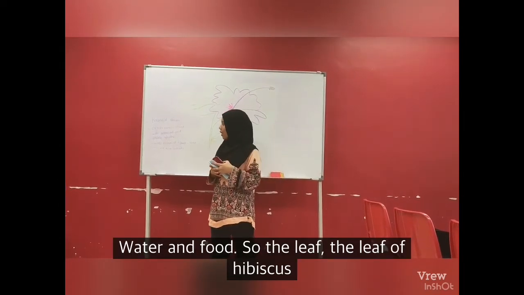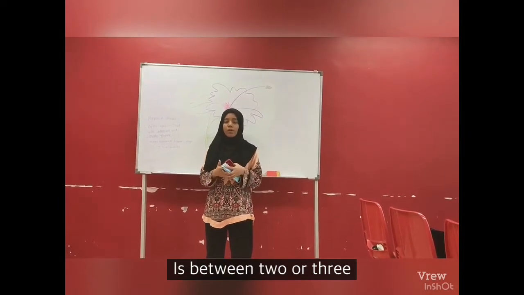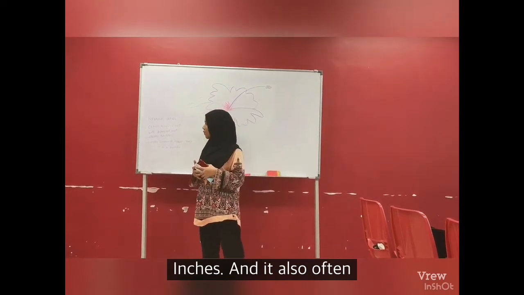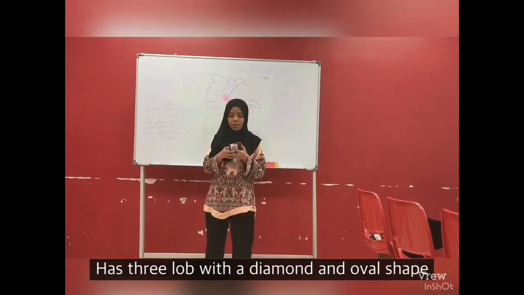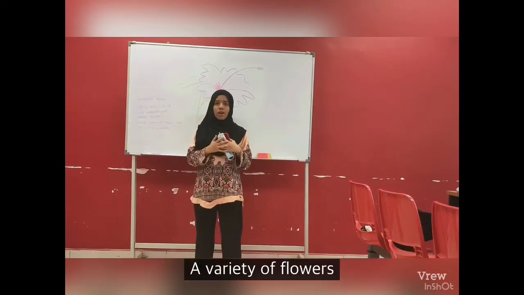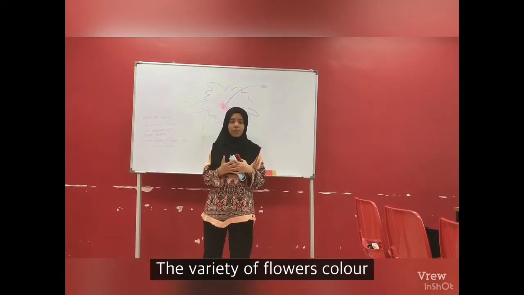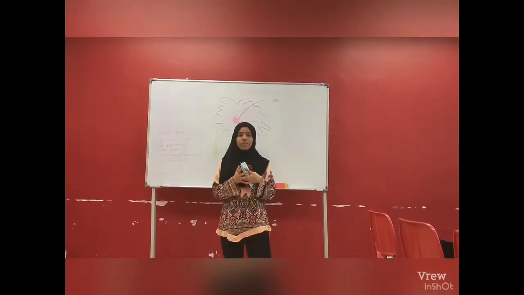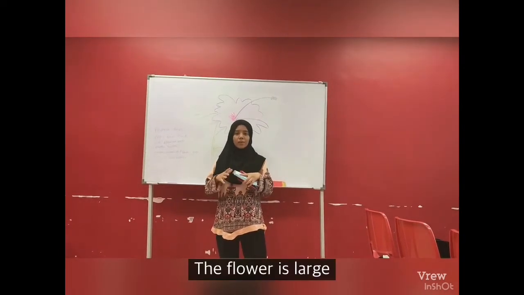The leaf of hibiscus is between 2 and 3 inches, and it often has 3 lobes with a diamond or oval shape, depending on the species. The hibiscus also produces a variety of flower colors. The flowers are large.